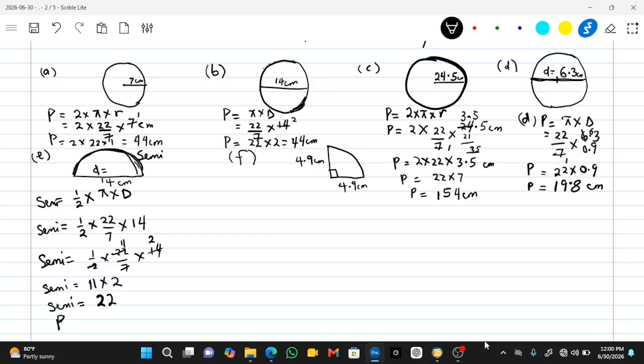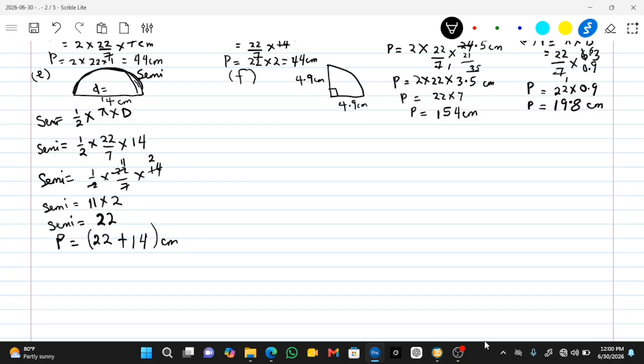So perimeter now will be this arc plus this part. So perimeter will be 22 that we got for the semi plus this 14 centimeters.